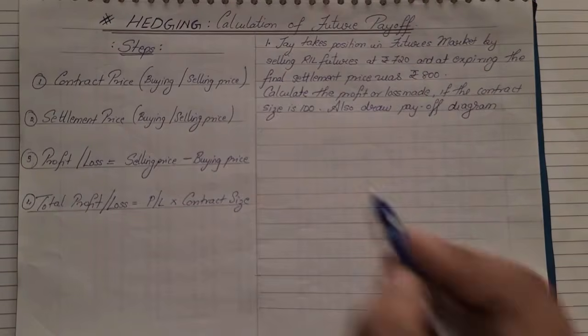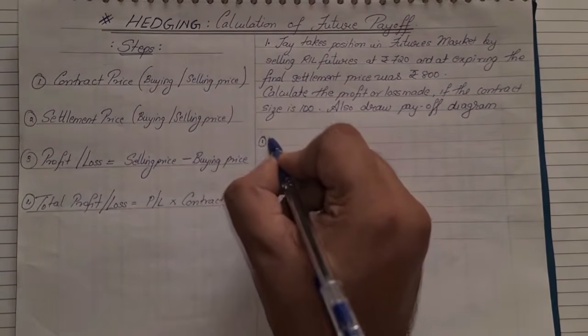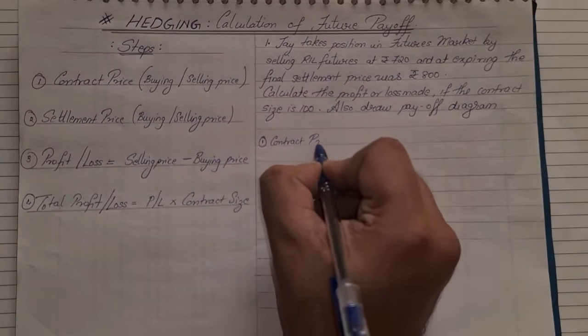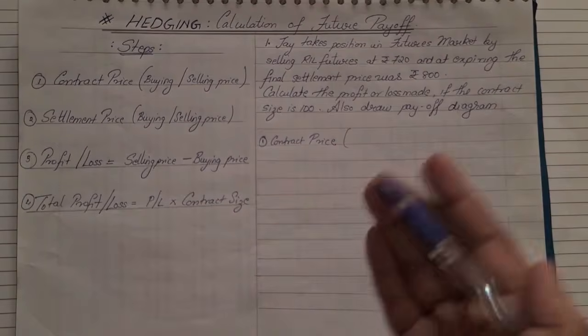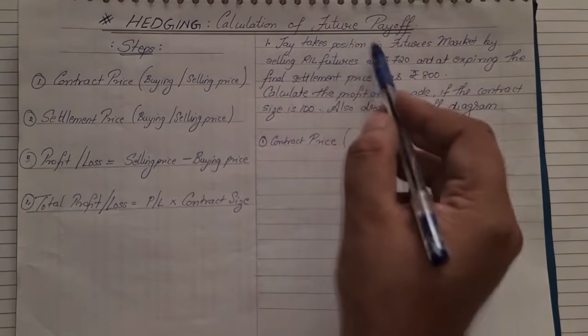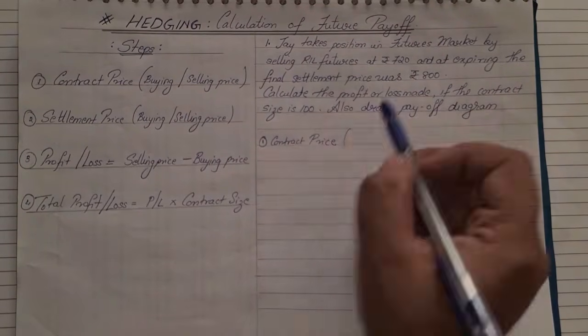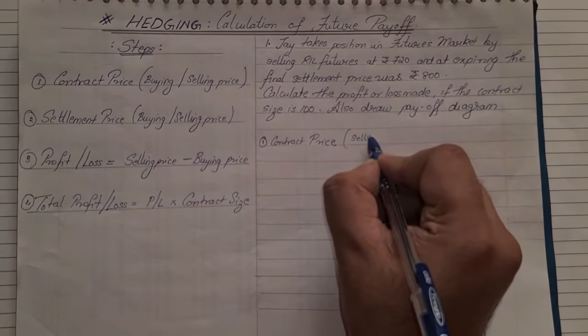Now in order to solve that, we'll go as per our steps. Number 1, we will have to note down the contract price. Now check whether you are buying or selling. It's given here, he takes a position in future market by selling. So my contract price will be made out of selling. So I'm selling right now.